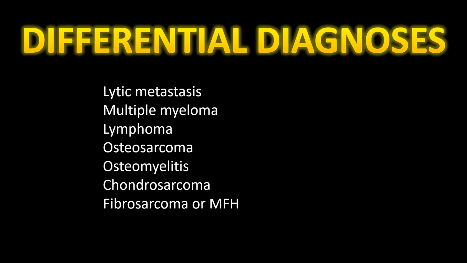They're all going to be aggressive, and that includes mets, myeloma, lymphoma, different types of sarcomas, osteochondrosarcoma, fibrosarcoma, and then something like an osteomyelitis. All of these would be possible. So your best guess out of these, and hopefully that was the most common, which is lytic metastasis. Now all of these are technically possible, but lytic metastasis is statistically the most likely in a 44-year-old female.